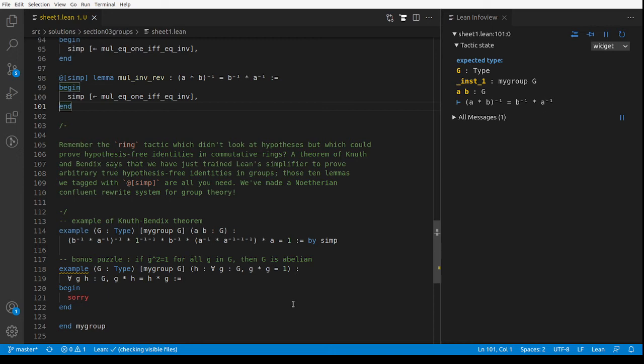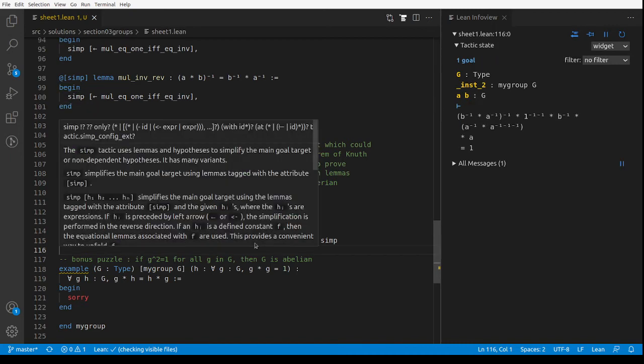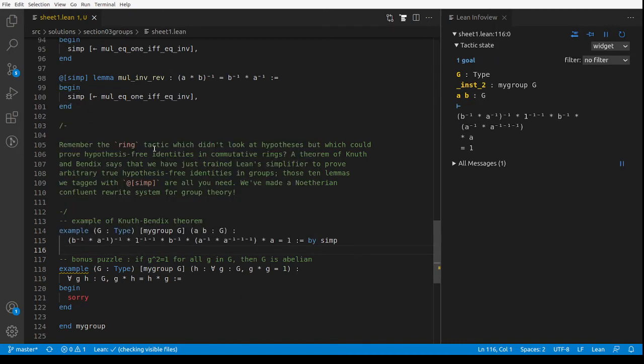So this is a rather elaborate way of saying what the simplifier will now do. What I'm trying to say is that if you have some random identity which is true in group theory, which doesn't need any hypotheses, you can just prove it using the axioms of group.